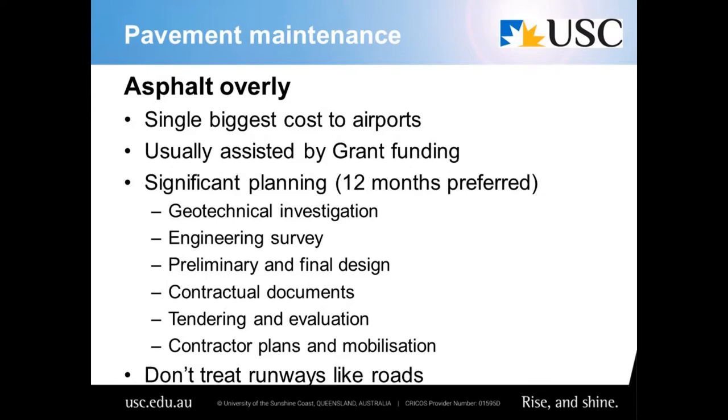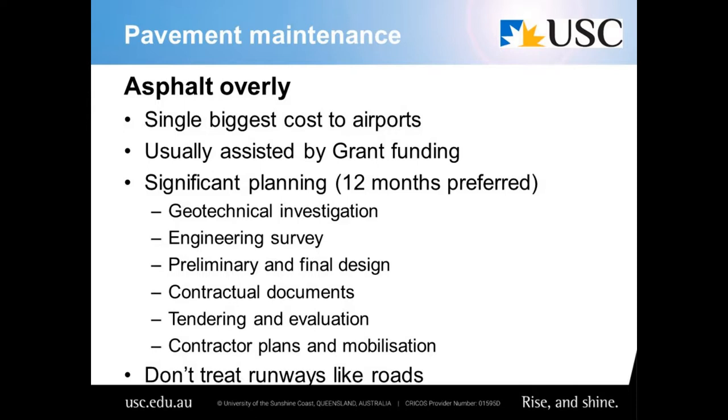In terms of asphalt overlays, it's the single biggest cost that any regional airport could face from a pavement perspective, short of rebuilding all their pavements for a bigger aircraft. It's usually done in regional areas with the assistance of some grant funding. A lot of planning goes into resurfacing a runway.